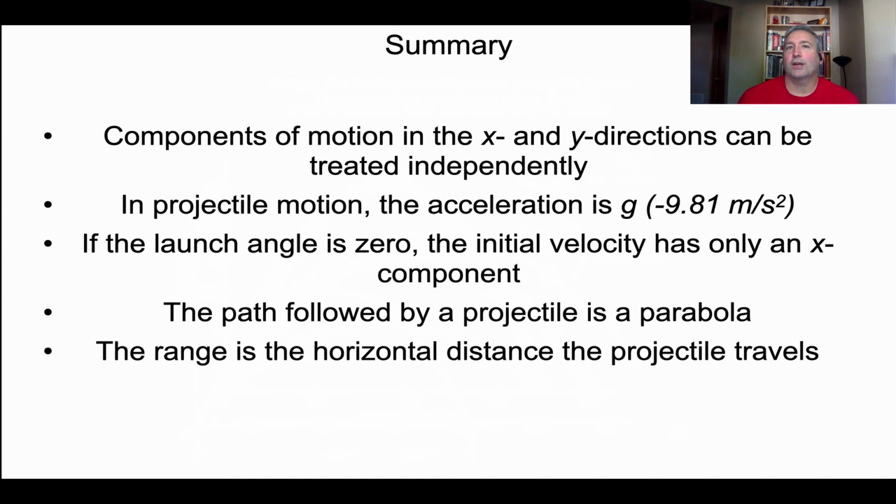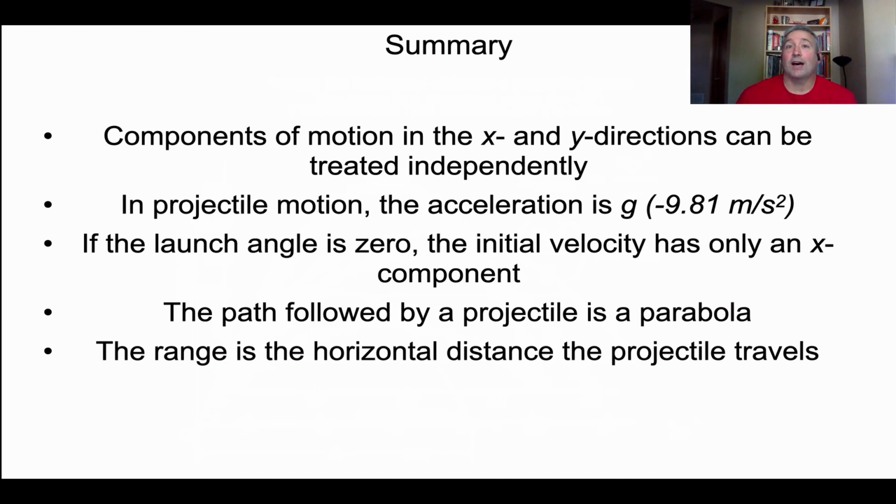As long as we take into account gravitational acceleration in vertical motion, we can do that. Keep in mind, if the launch angle is 0, we only have a Vx, we don't have a Vy0, so we don't have to use our formulas with a Vy0. So it simplifies our formulas.